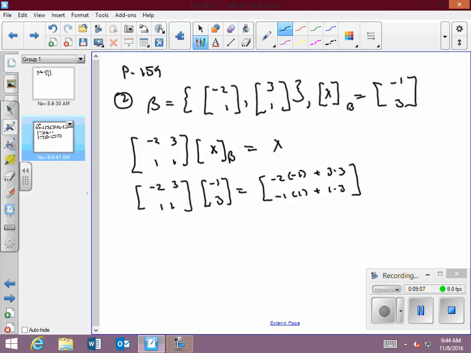It's the same thing as if you would do minus 1 times the vector 2, 1 plus 3 times the vector 3, 1. In either case, you're going to get this value right here.